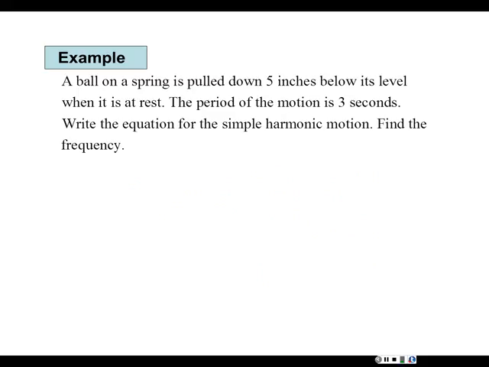Let's say this is your resting level, and that is your upper side, and that is your negative side. So when you pull down, you are going to the negative side. So automatically, your A is going to be negative 5. Because it's 5 inches, so the A is going to be 5, I'm sorry, negative 5 for this question. So A is negative 5.